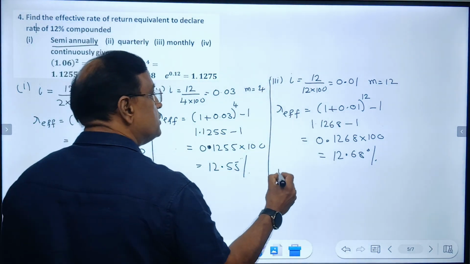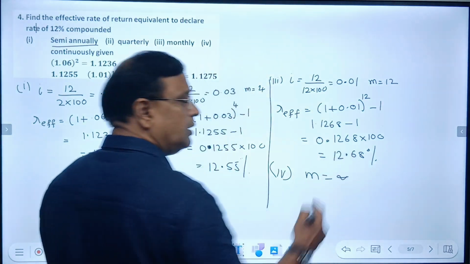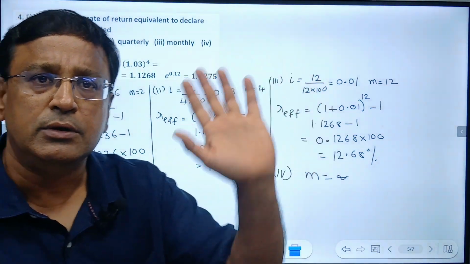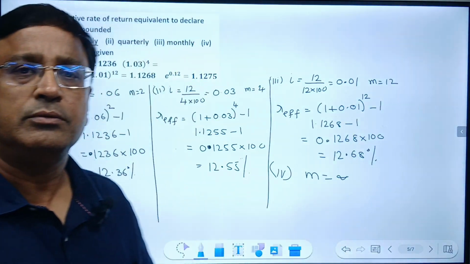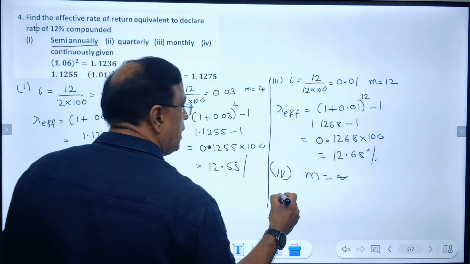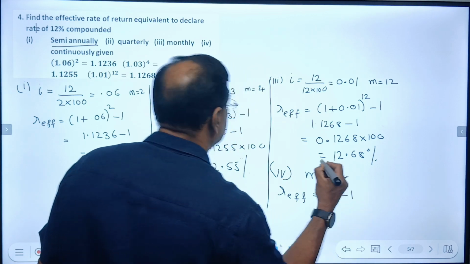Now the fourth subdivision. What if it's continuous? So M is infinity. You pay forever. In a year you pay an infinite number of times, theoretically. So what is R effective? The formula is e power R minus 1.